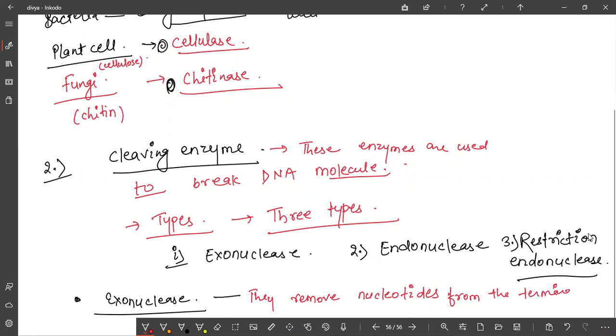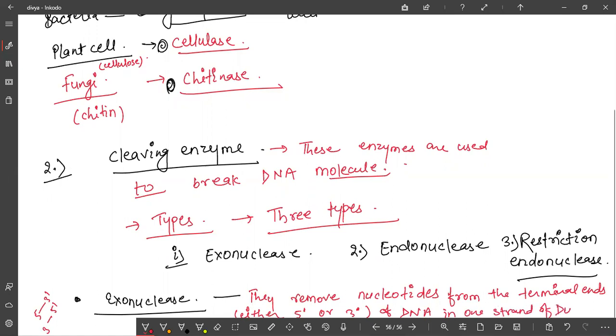From the terminal end. Okay, you know DNA polarity is 5 prime to 3 prime. So you can say that either the 5 prime or 3 prime end of DNA, in one strand only, is affected.